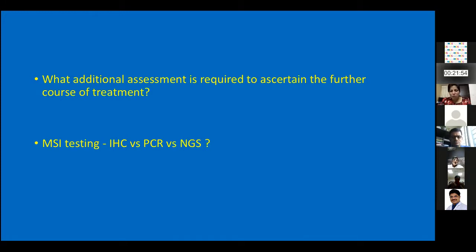So, Dr. Gautam, what additional points would you look at in the histopathology report to find out whether this patient requires treatment or not? Ma'am, I usually look at points like whether it is well differentiated, poorly differentiated, or moderately differentiated disease biology. LVI, PNI, lymph node status, of course.